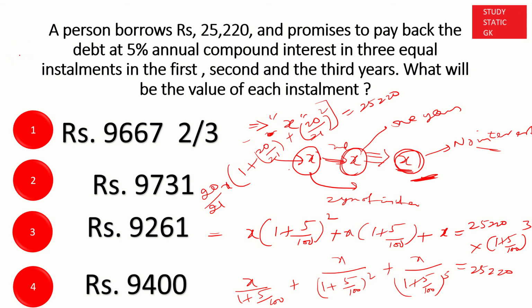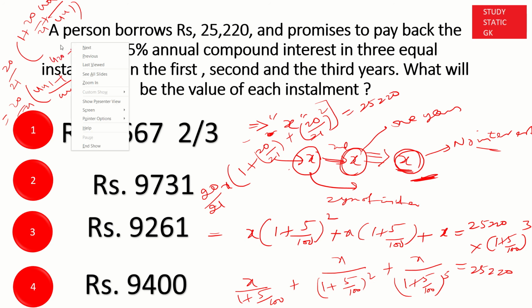So 20 by 21 into 1 plus 20 by 21 plus 400 by 441. So 441 is the LCM. So 441 plus 21 into 20, 420, plus again 400.